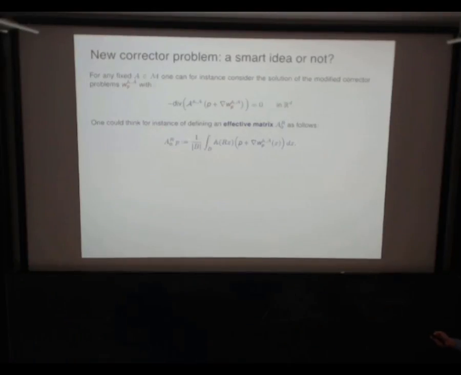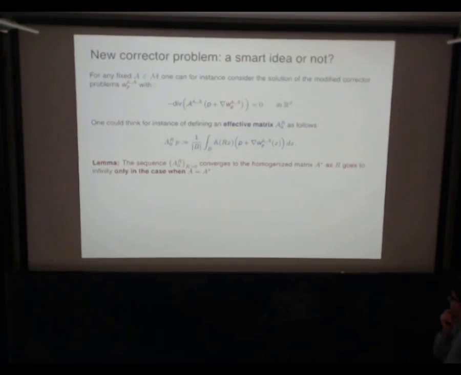A_0^R applied to P is given by this kind of formula. Now the following lemma says the following. The sequence of A_0^R converges to the homogenized matrix A star as R goes to infinity only in the case when A, the original background coefficient, is equal to A star.